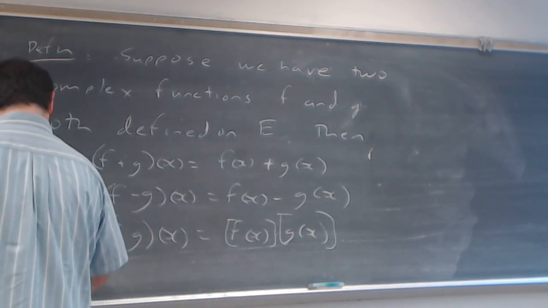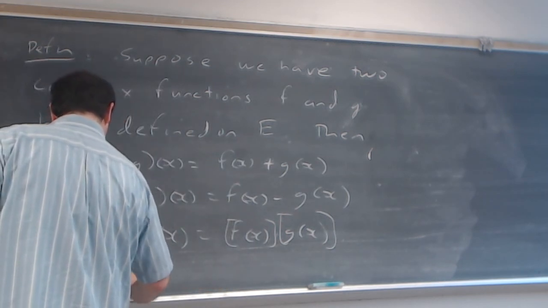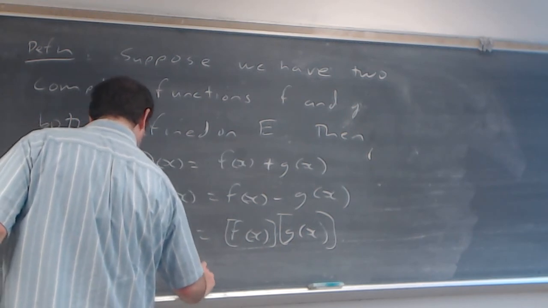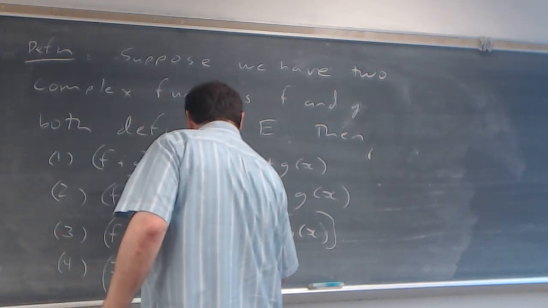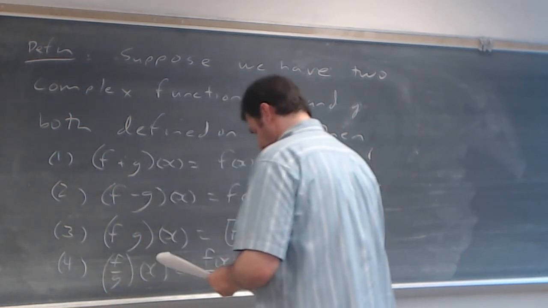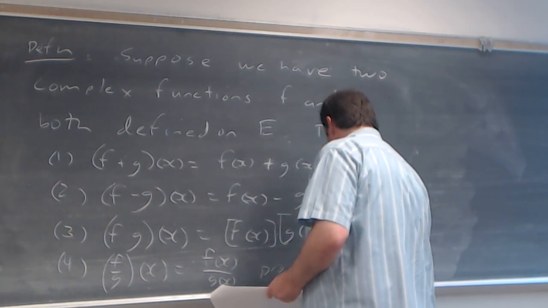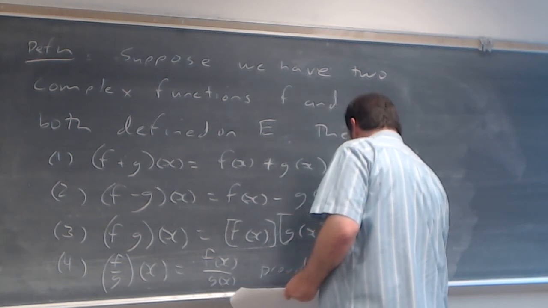And finally, f divided by g is a function that can be defined on x by f of x divided by g of x, provided g of x is different from 0.